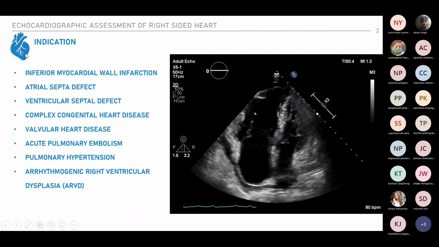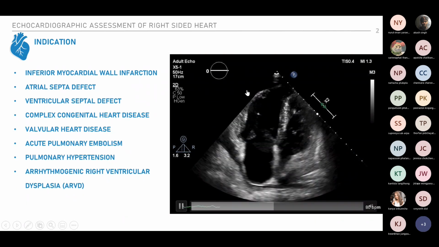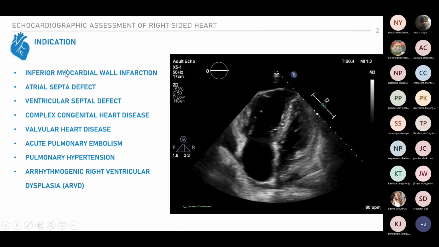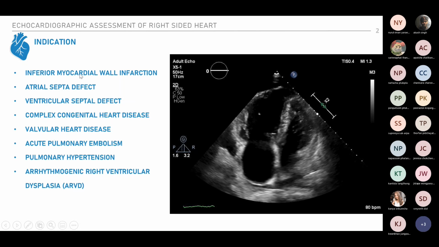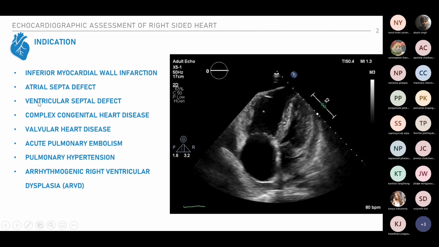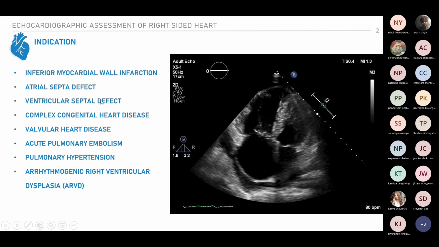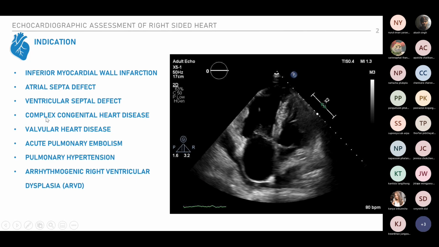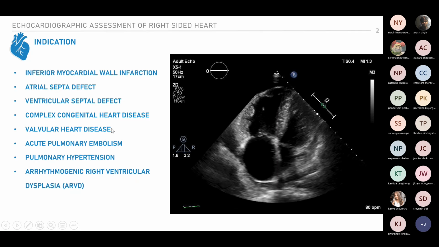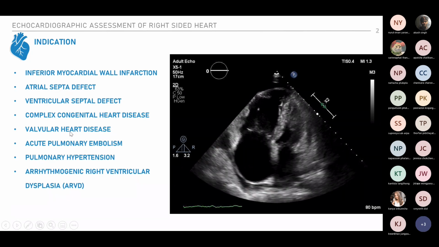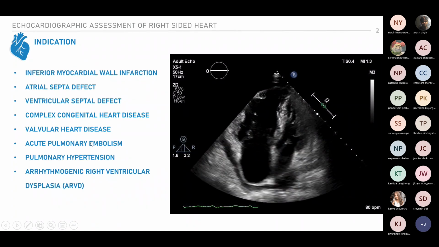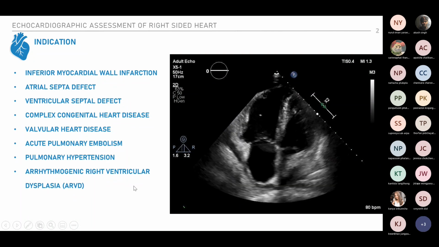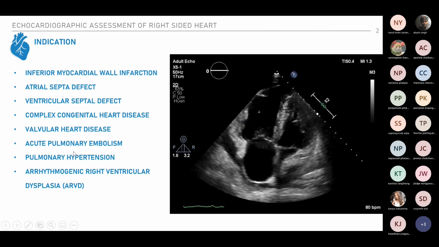Assessment of right ventricular function is most often performed, especially in patients with suspected inferior myocardial wall infarction, atrial septal defect, ventricular septal defect in case of right side enlargement, complex congenital heart disease, valvular heart disease, and also frequently used in acute pulmonary embolism, pulmonary hypertension, arrhythmogenic right ventricular dysplasia, and as well as in operative assessment.